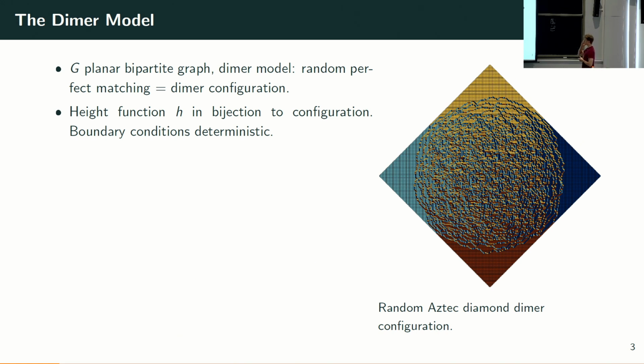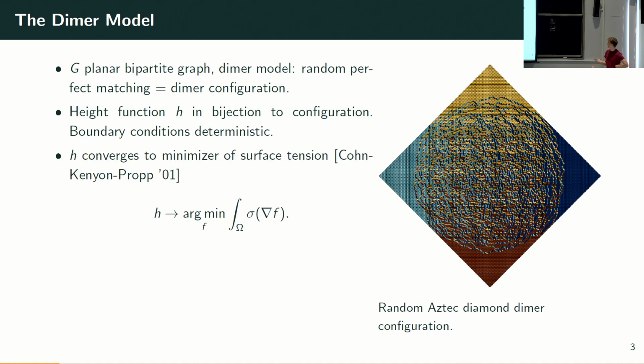So really we want to study this height function, and there is a limiting statement saying that if you make your grid size smaller and smaller, and this is a result from 2001 by Cohn, Kenyon and Propp, this height function should converge to a minimizer of a surface tension integral. The surface tension is a function that depends only on the local slope of your function, and you can think of that as a local entropy.